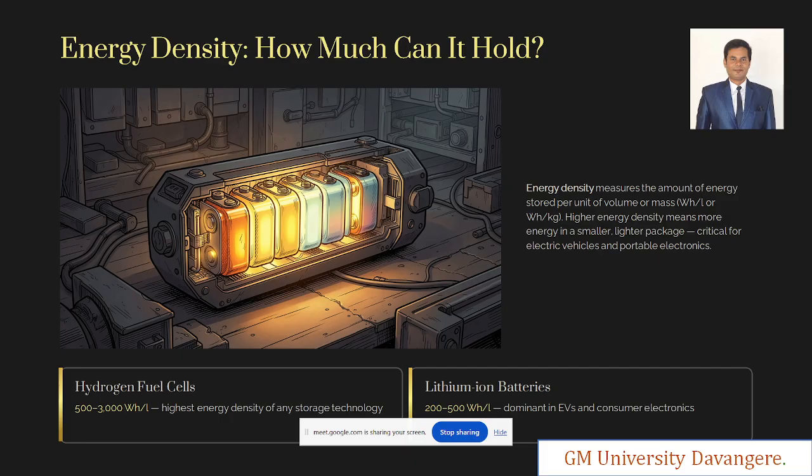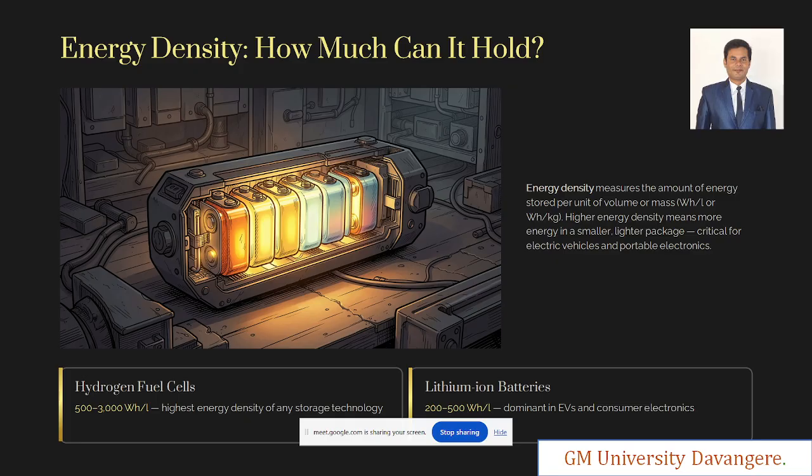When you talk about energy density, we are taking the example of batteries, because batteries can store energy, they discharge, they charge, right? How fast, and how much energy is stored per unit, in terms of watt hour per kg, right?